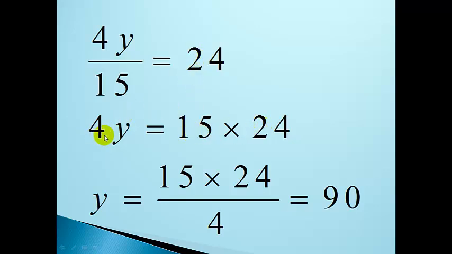We are solving for y, so we divide the left hand side by 4, and we divide the right hand side also by 4. If we divide 4y by 4, we are left with y. And the right hand side is 15 times 24 divided by 4, which is equal to 90. This means that the value of y is equal to 90, where y is the total number of oranges. That means the total number of oranges is equal to 90.